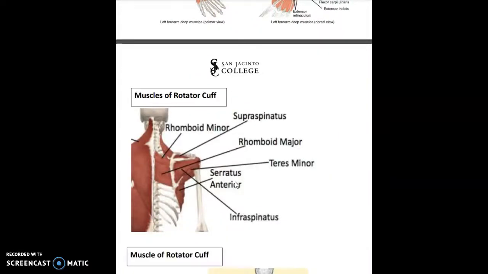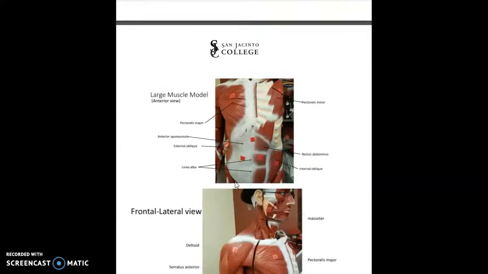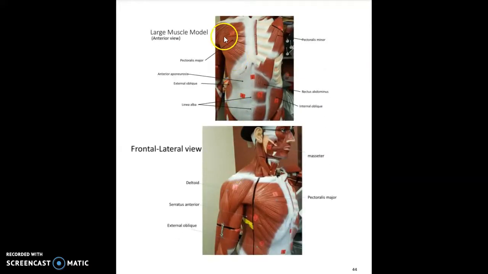And what else here is important for your exam? I think this is going to be in your exam, especially the surface of the muscles. This muscle, the pectoralis, is going to be in your exam. The aponeurosis, they're going to be in your exam.